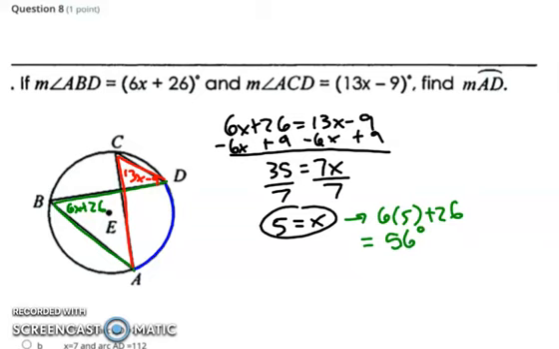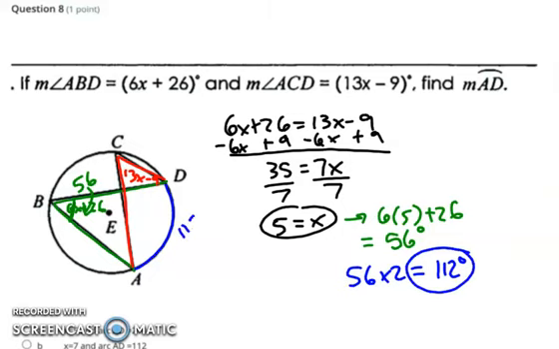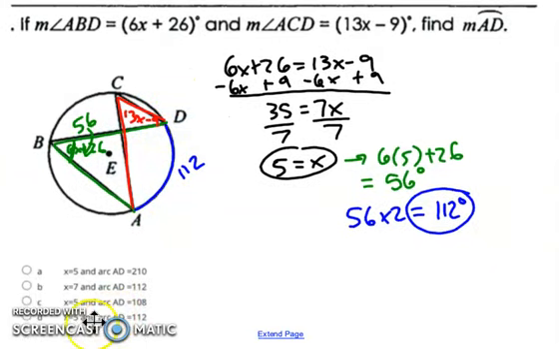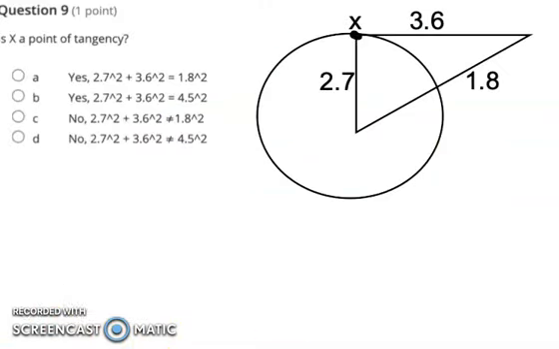That's this angle. If it's 56 on the inside, I have to do 56 times 2 to get the measure of the arc on the outside. So this would have to be 112, which should be one of our options. Option D says x equals 5 and the arc is 112.